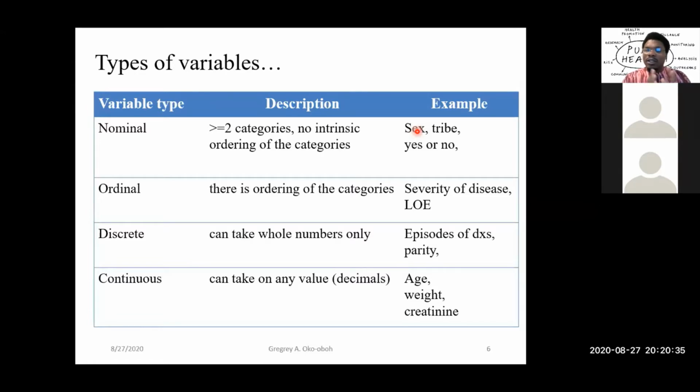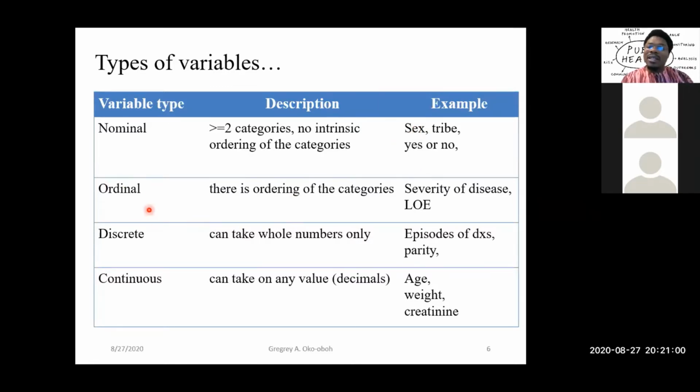No, these are just tribes. Another good example is a yes or no response. If there are questions that require a yes or no response, that is a nominal variable, because you can either say yes or no, and it doesn't mean your yes is higher than the no, or the no is lower than the yes. These are just variables that can be placed into categories.